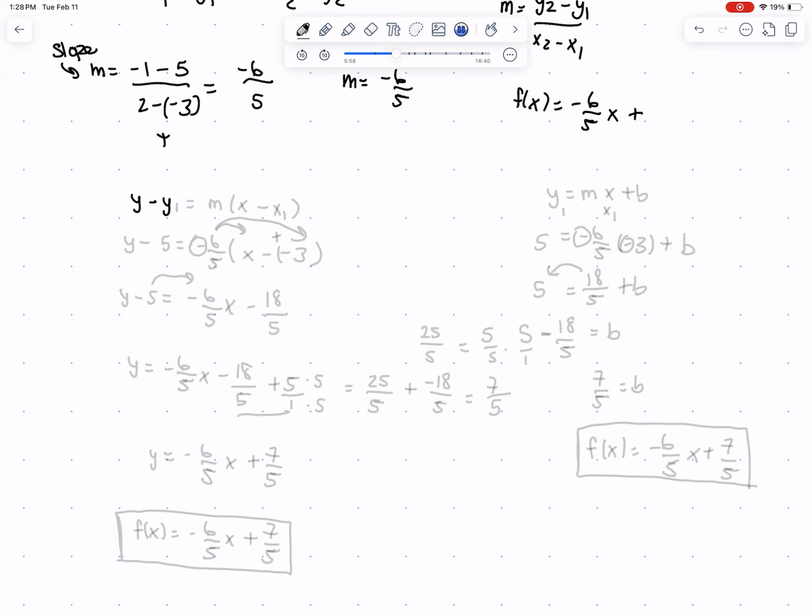Y minus y1 equals m, which we know is what we just found, times x minus x1. Y minus y1, well, let's look at our information. Y1 is 5. Our slope is -6/5, x, and my x1 is -3. And I have to incorporate the sign into the actual equation here, so this is actually turned positive.